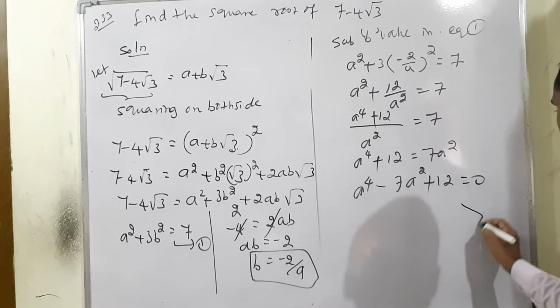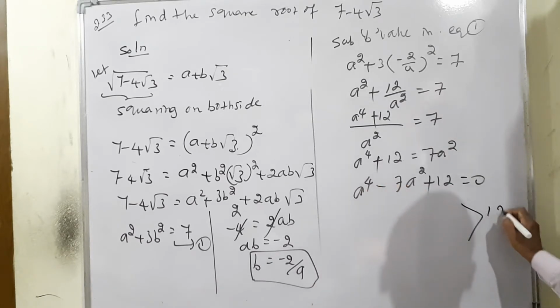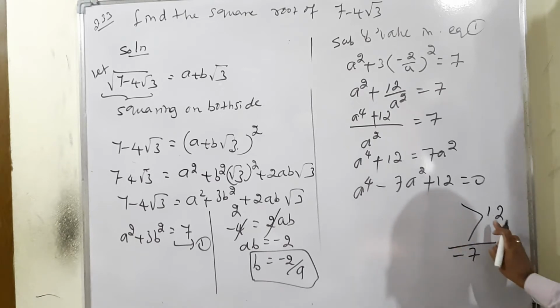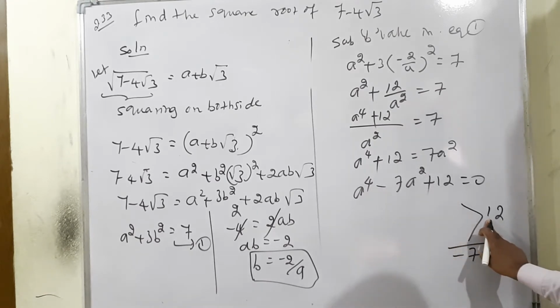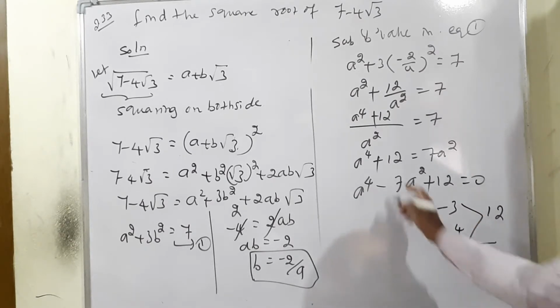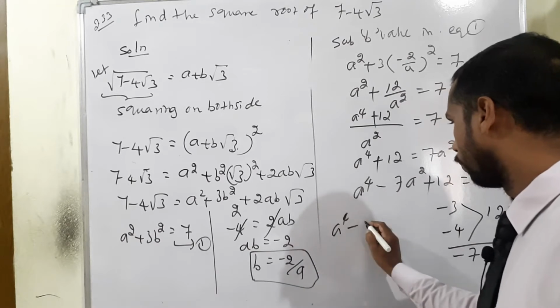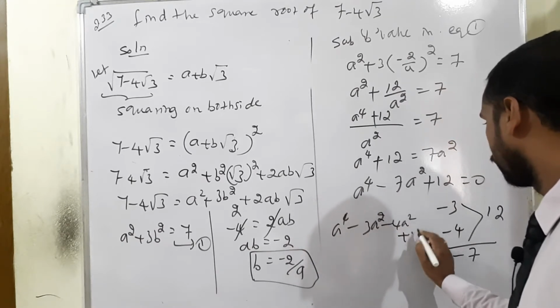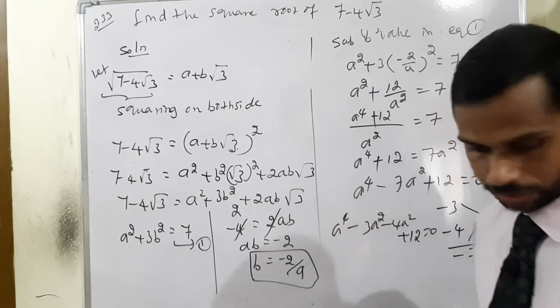Now the sum-product rule: 1 into 12 is 12, and the sum is minus 7. As I already told you, when the product is positive the two signs are the same, and since the sum is negative, both are negative. Therefore we consider negative 3 and negative 4. So we split it: a power 4 minus 3a square minus 4a square plus 12 is equal to 0.